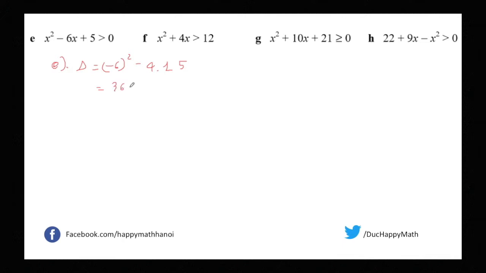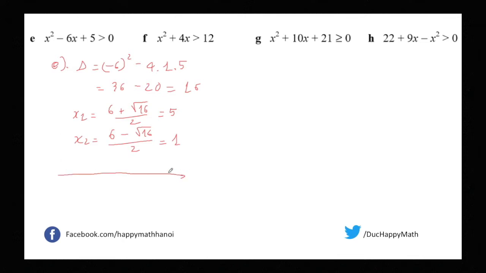So 36 minus 20, and we got 16. x1 will be equal to 6 plus the square root of 16, divided by 2, which means 4 here, 10 divided by 2, 5. x2 is 6 minus the square root of 16, divided by 2, 6 minus 4, 2, 2 divided by 2, 1. Yeah, this is step 1, and step 2, we mark on the axis 1 first, 5 here.